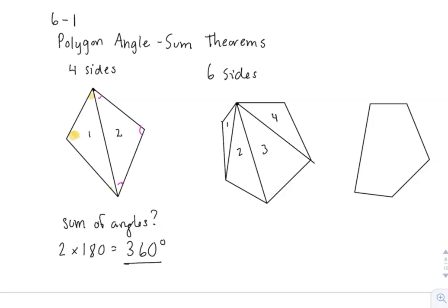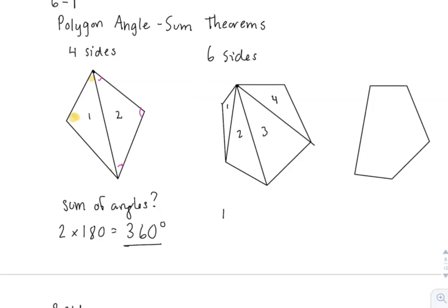If I were to figure out the total measure of my interior angles of my polygon, it would be 180 times 4, which is 720. All right. So notice we multiplied by 4 here, we multiplied by 2 over here.